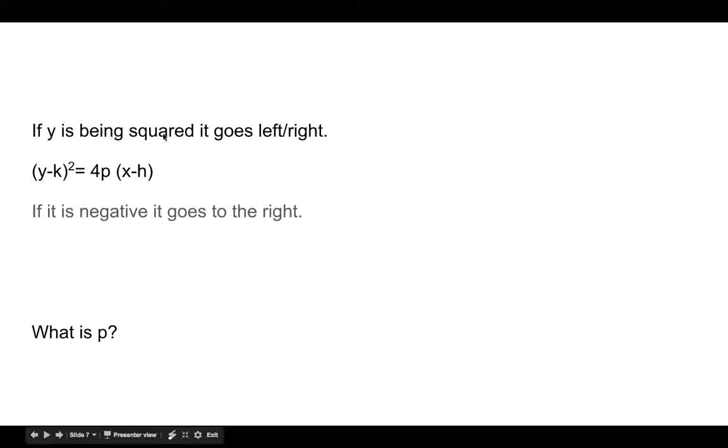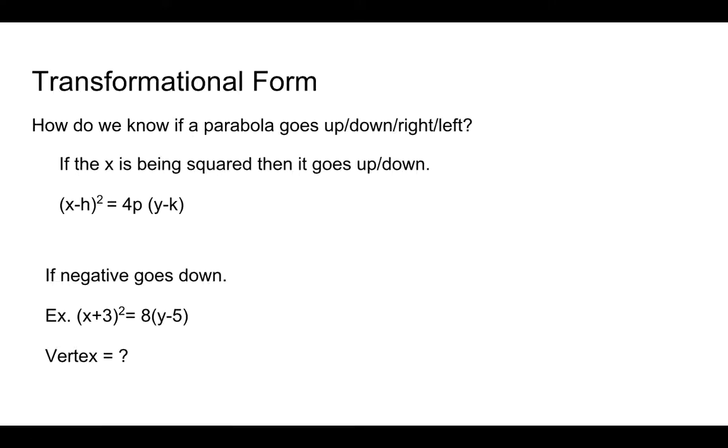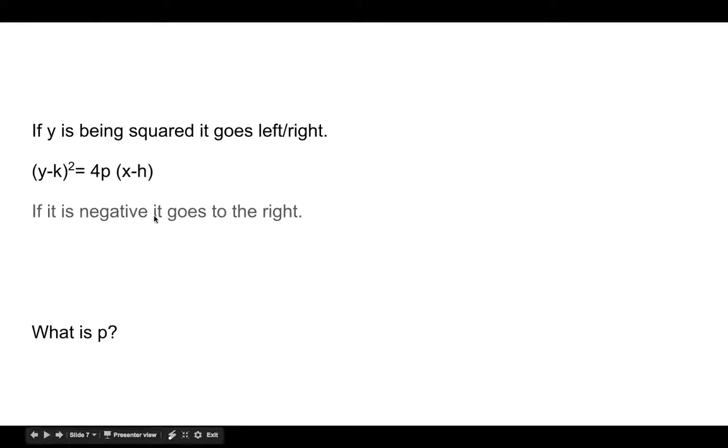If y is being squared, it goes either to the left or right, as seen here. It is the same thing with the up and down. If it goes negative, it's going to the right. So if it's minus k, it would be going to the left.